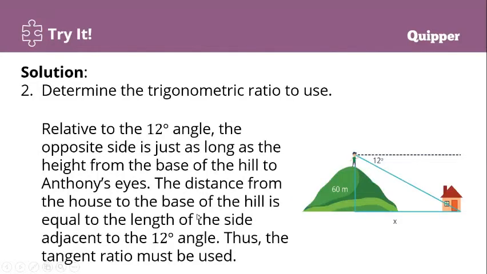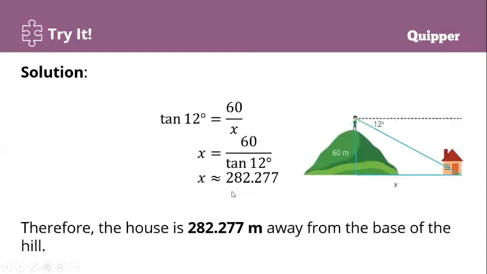Again, there are two ways to solve. Relative to 12 degrees, the opposite side is as long as the height from the base of the hill to Anthony's eye. The distance from the house to the base of the hill is equal to the length of the side adjacent to 12 degrees. Thus, the tangent ratio must be used. Tangent 12 is equal to 60 over x. This is using the second solution: opposite over adjacent.